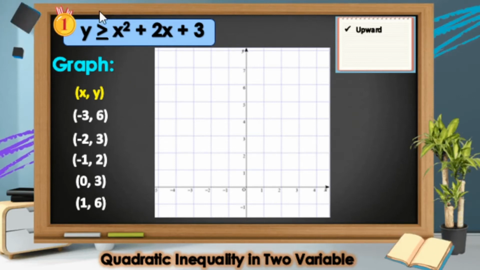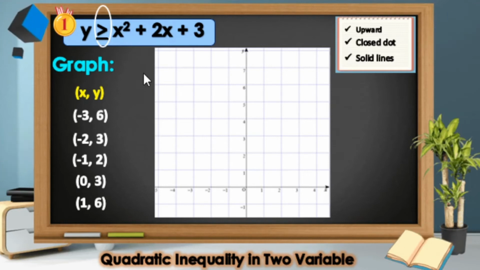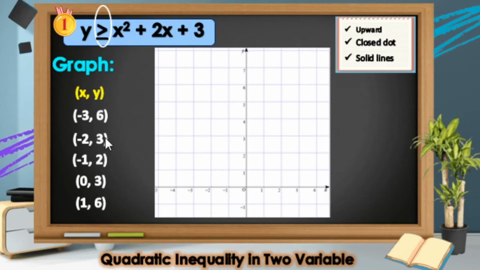And kapag tinignan natin yung ating inequality symbol na greater than or equal, our graph should be closed. It means points that lie on that graph are part of the solution. And then, it should be a solid line. Gayon din dahil solid lines yon. Those points that lie on that graph are part of the solutions.